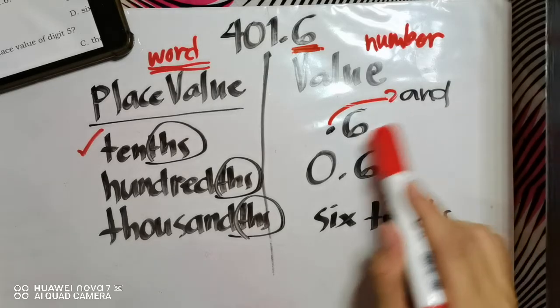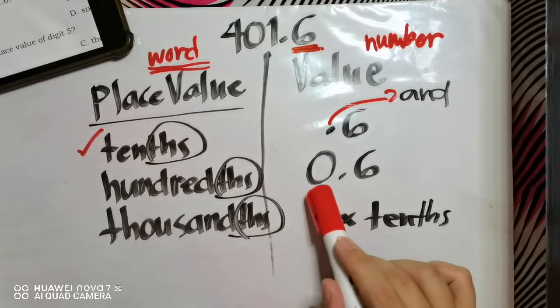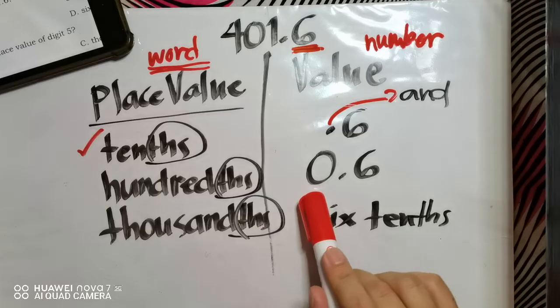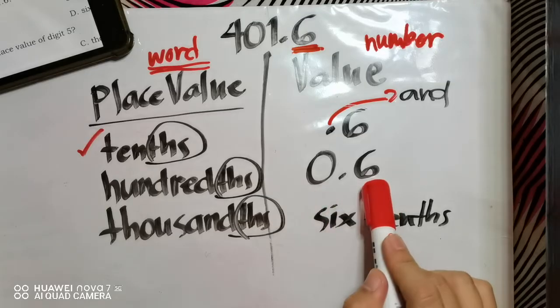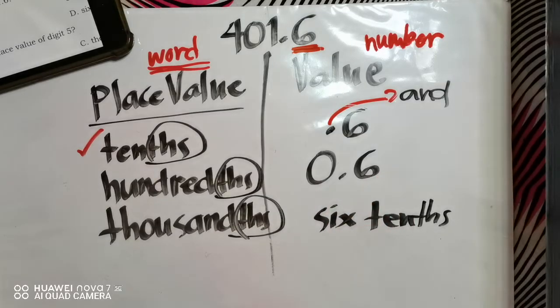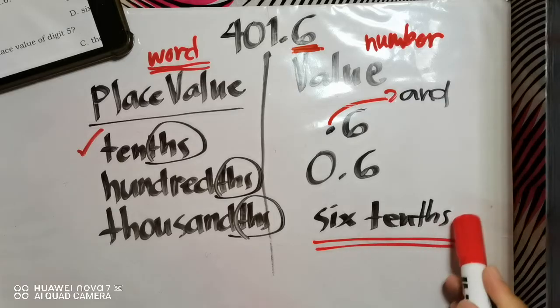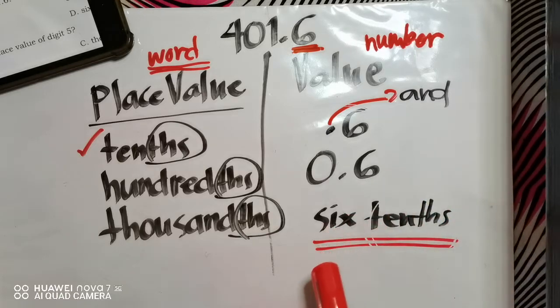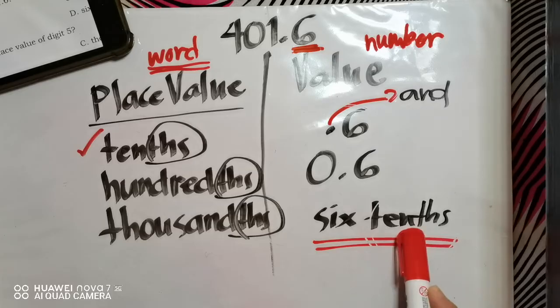Or, kung gusto mong basahin yung decimal point, syempre maglagay ka doon ng whole number. It can also be 0. So, you can say it 0 and 6/10. Or, you can write it in words also. Yung nga lang, hindi lang basta place value. You have to include the number, six tenths.